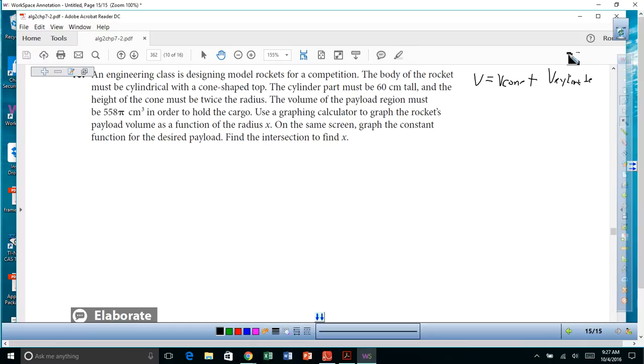The volume of the cylinder. All right, good.